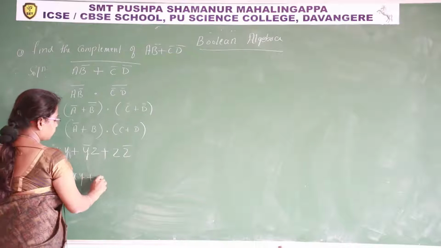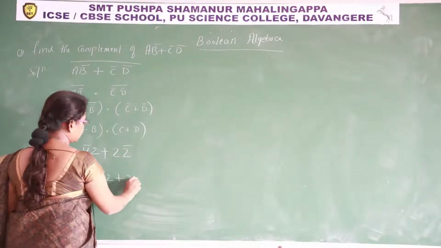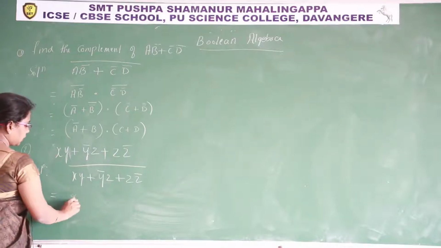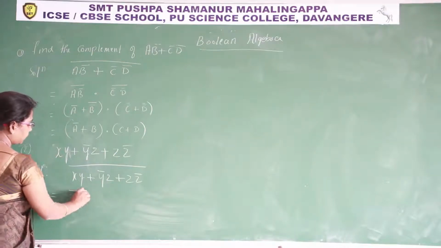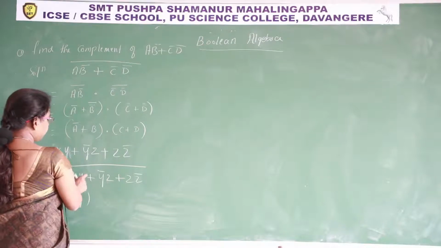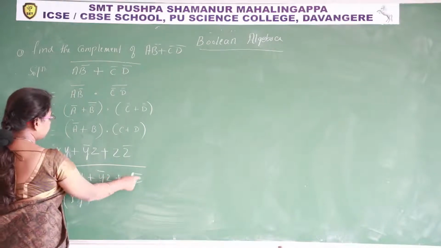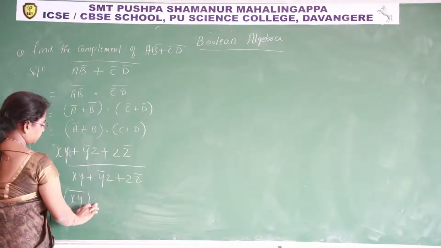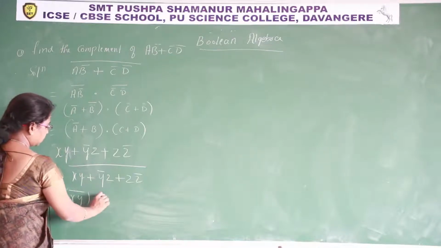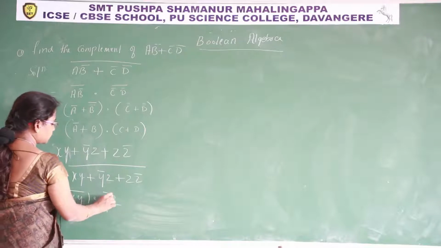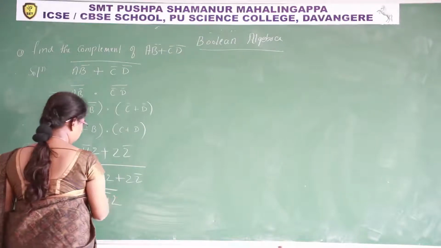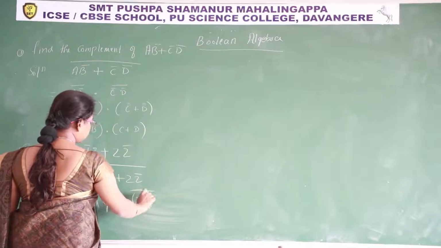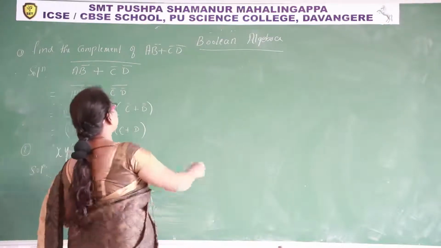xy plus y bar z plus z bar whole bar, that is equal to xy whole bar into, because it is A plus B plus C whole bar, see, now dot y bar z whole bar dot z bar whole bar. Of course z bar is 0, let us continue the same.